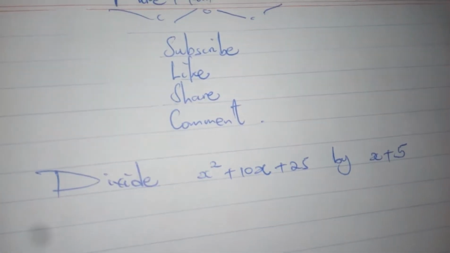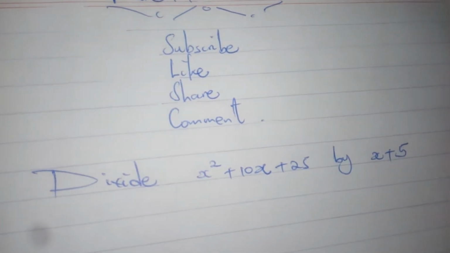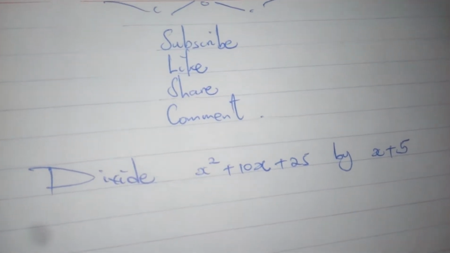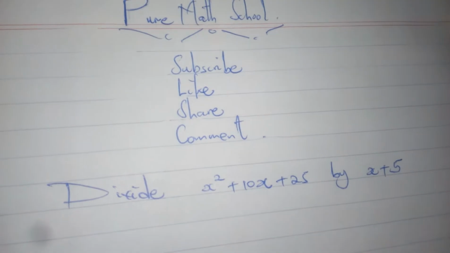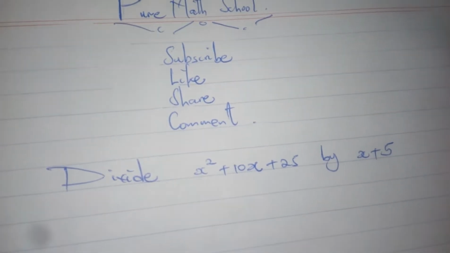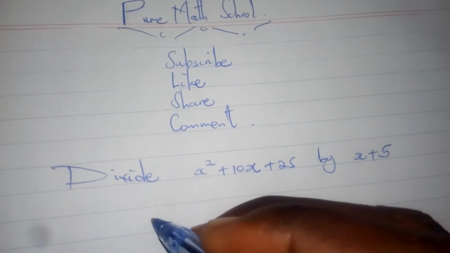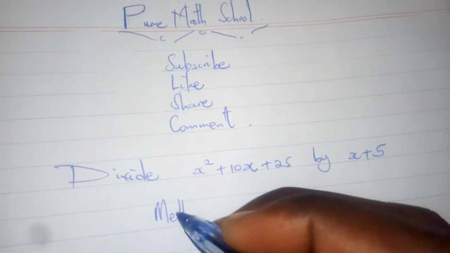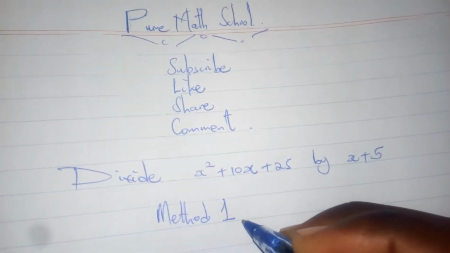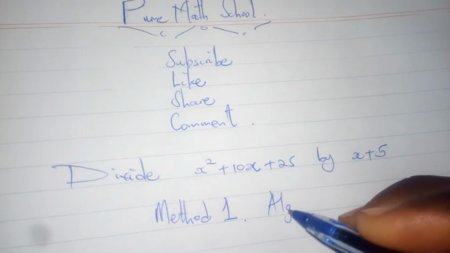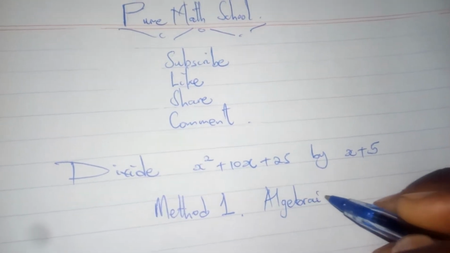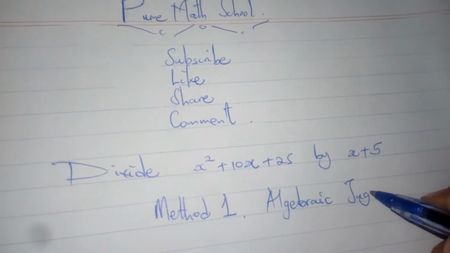methods. There's one we call algebraic juggling, and another we call long division, which most of you know. So let's start with algebraic juggling as our first method. Algebraic juggling.